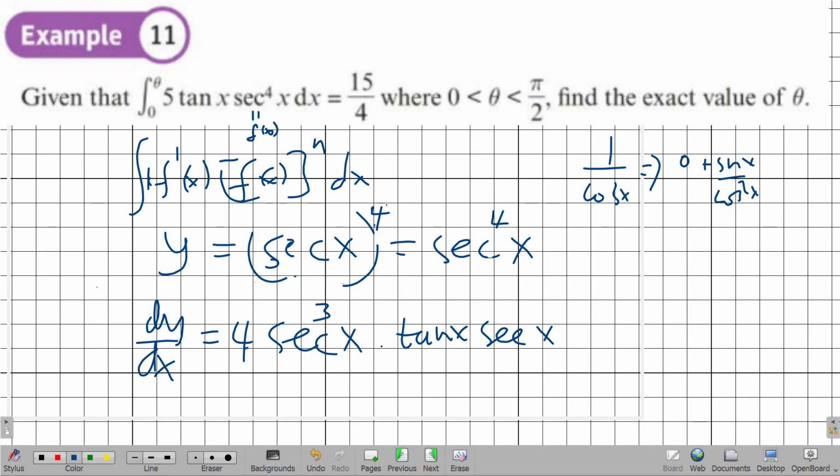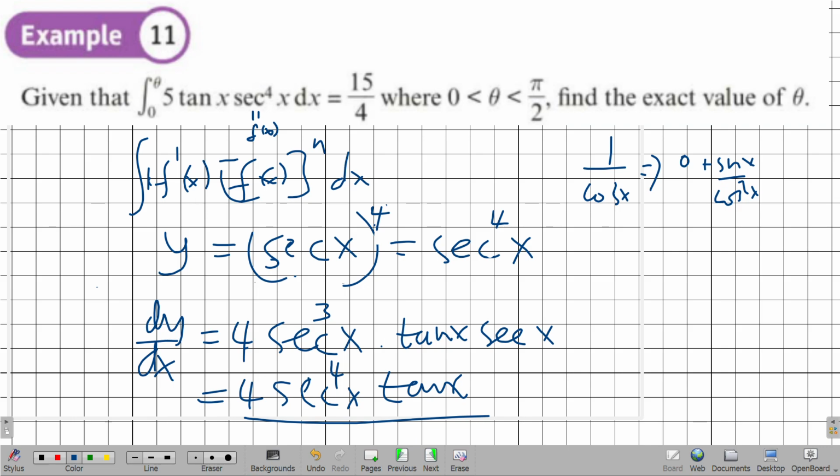Then still, this is going to be 4 sec to the power 4x tan x, which is exactly what we have here, tan x sec to the power 4. But there is a 5, and here there is a 4. So what we do, we need to remove the 4 by dividing with 4. That's all. That's our answer.